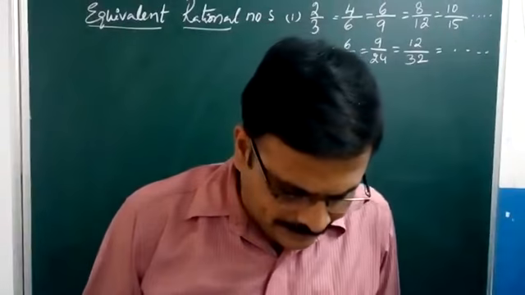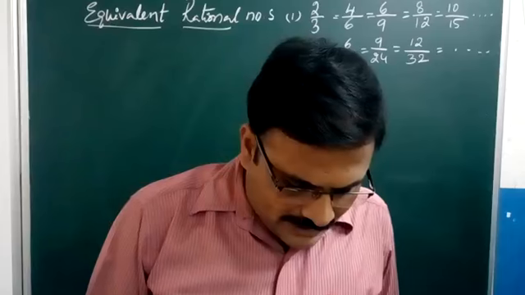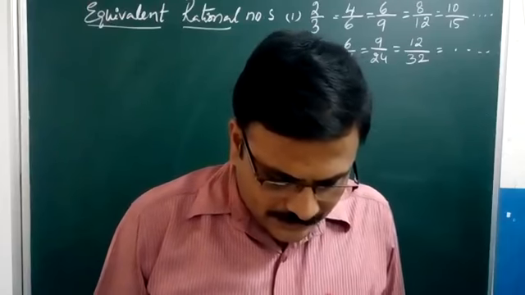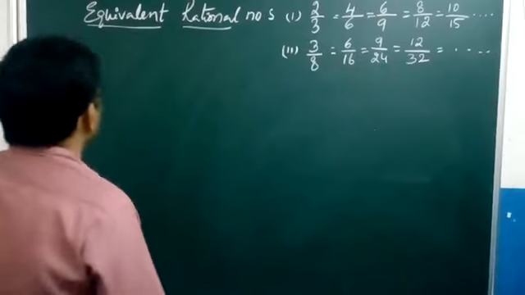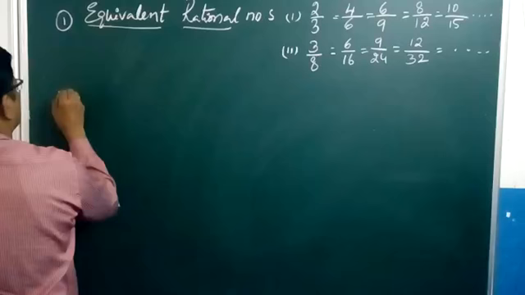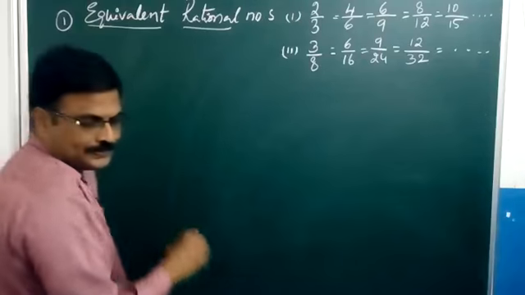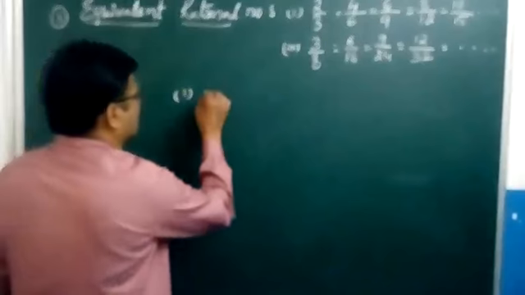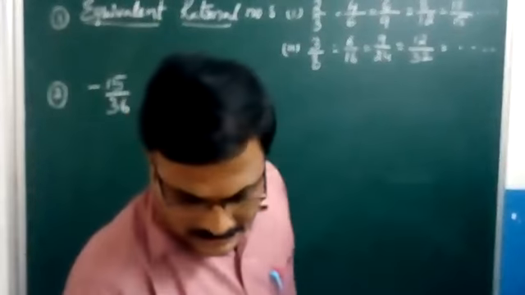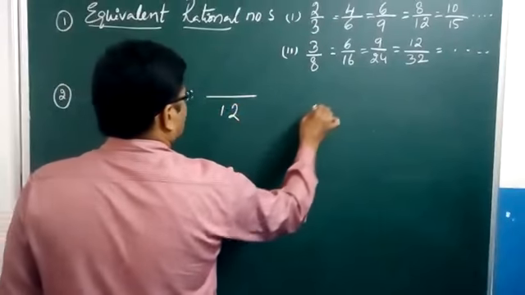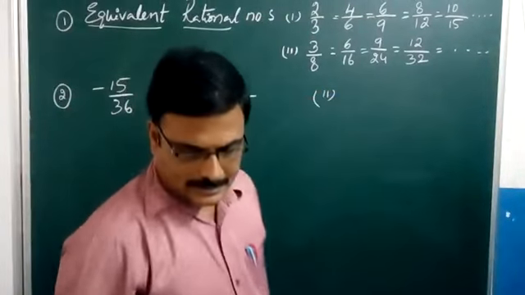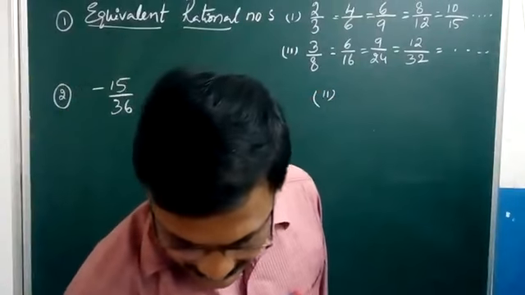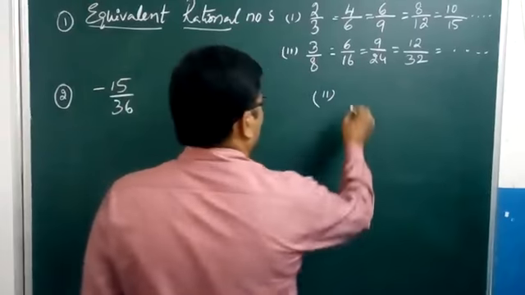Coming to the second question, what is the equivalent rational number for minus 15 by 36 with denominator 12? So this is the first section. In the second section, you have minus 15 by 36 given, and in this, the first question is whose denominator is 12 and the second question is whose numerator is minus 75.